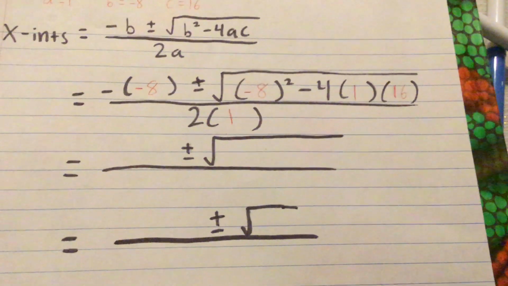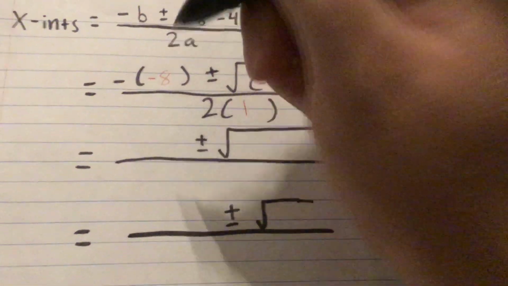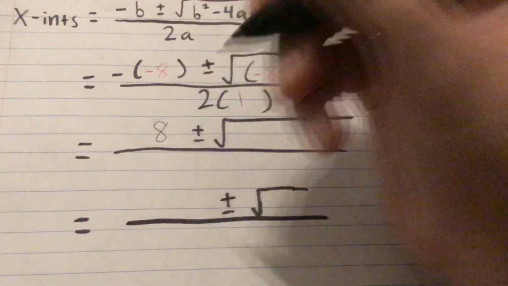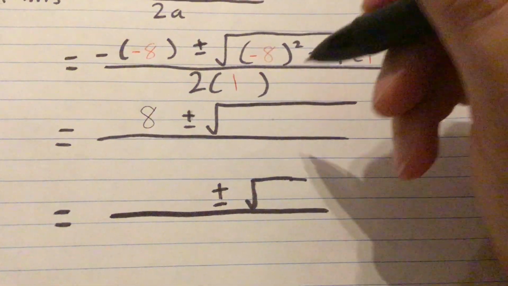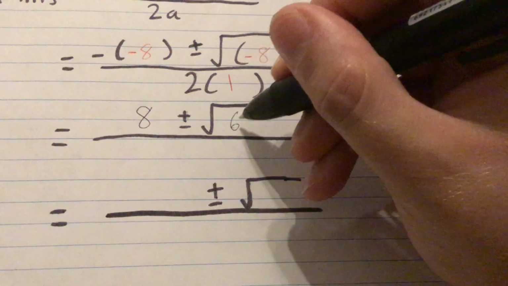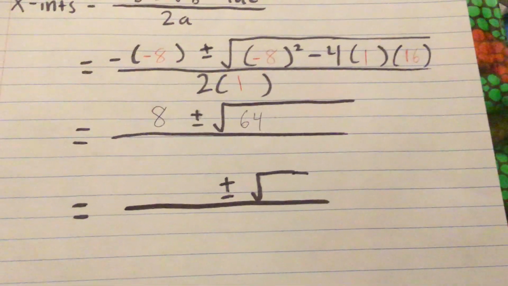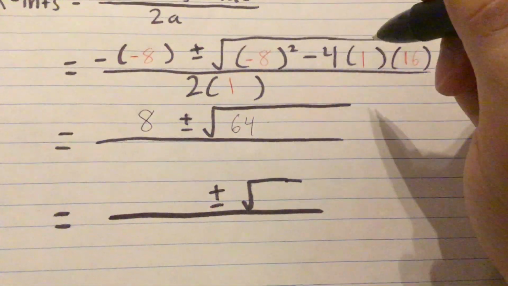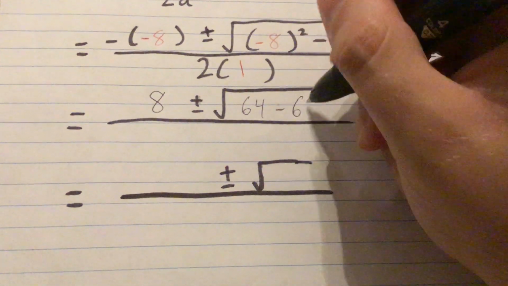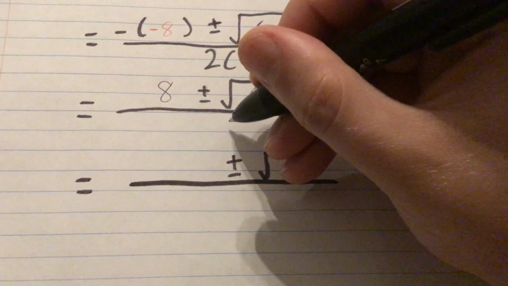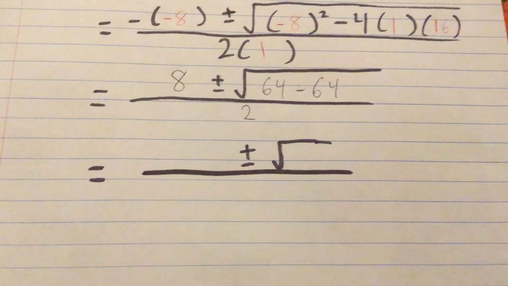So now let's clean this up. Negative 8 is positive 8, plus or minus the square root of negative 8 quantity squared, which is 64. Negative 4 times 1 times 16 is negative 64. All that over 2 times 1, which is 2.